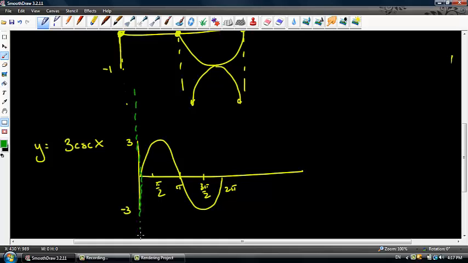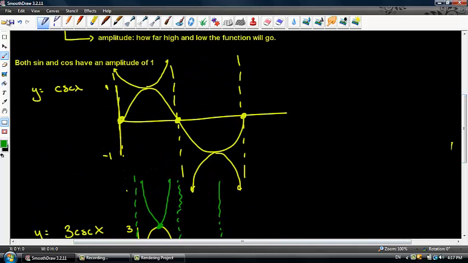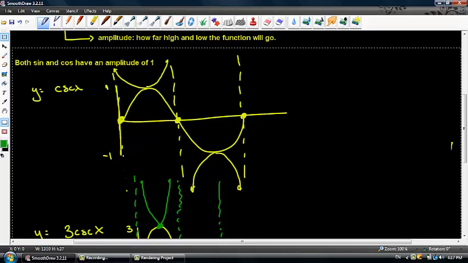I'm going to have my asymptotes here. Those are the best asymptotes that I can do. And then because of this 3, it's going to grow skinnier. All right. Let's take a look at secant and then cotangent.